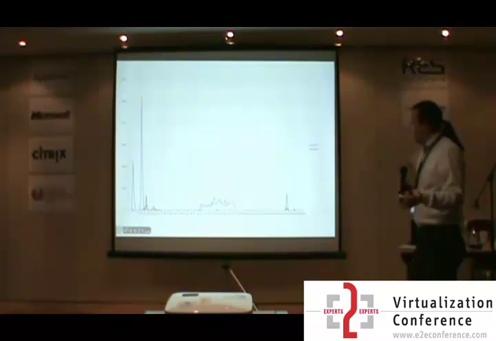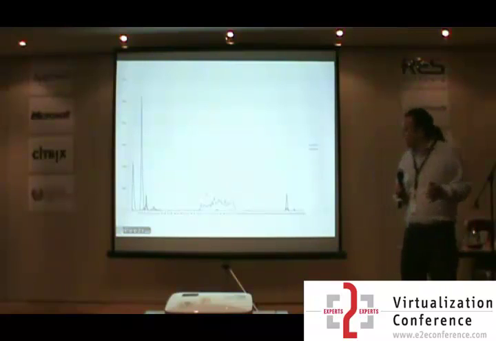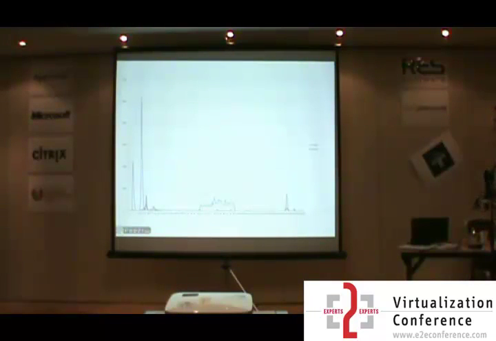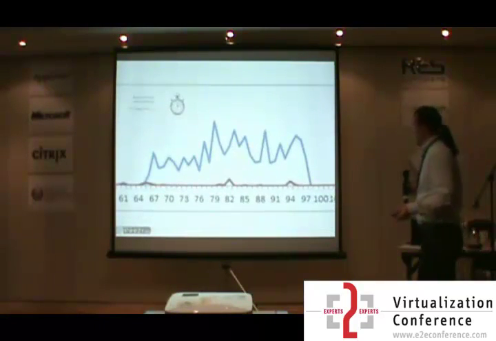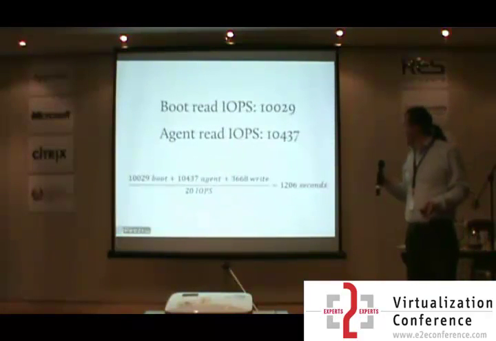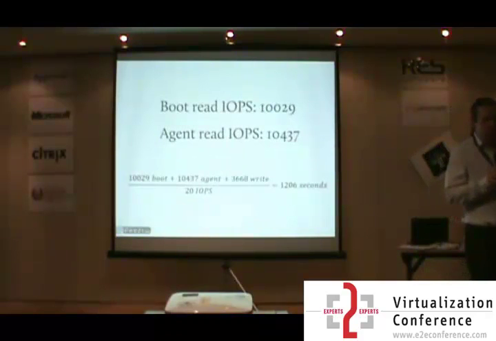So we know the peak, and we know that Windows isn't frivolous with IOPS, so actually the useful number is the area underneath the graph, because that will give you your total IOPS. So the total IOPS for the initial 2 large peaks, the read IOPS is 10,000.